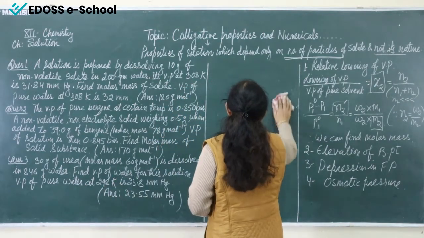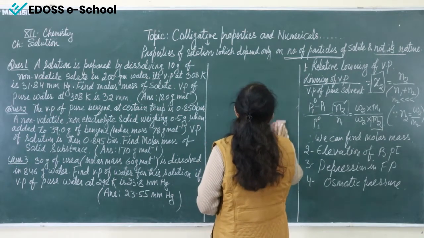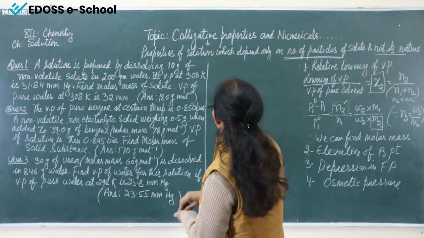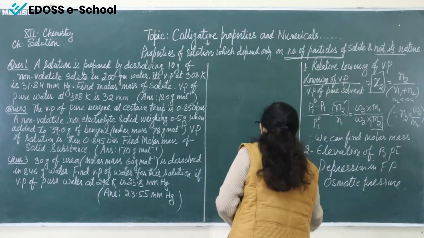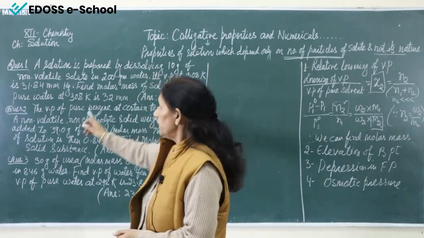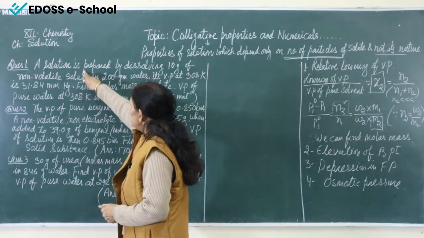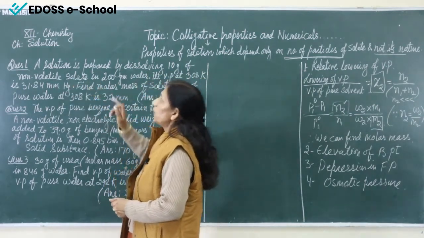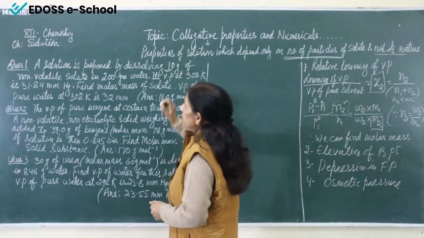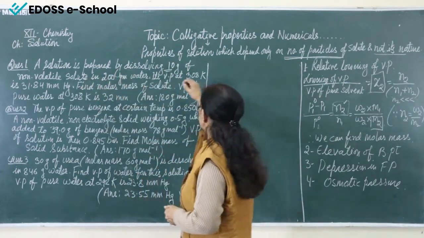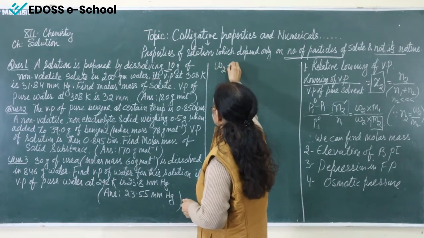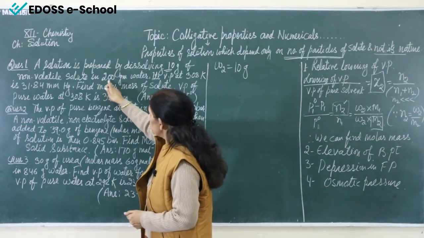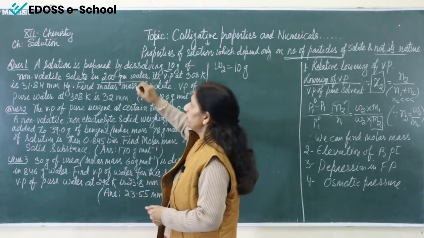Whenever you get any numerical, the first very important thing is to read the numerical and try to find what is given to you. 10 gram is solute, so solute means W2. We will write it 10 gram.